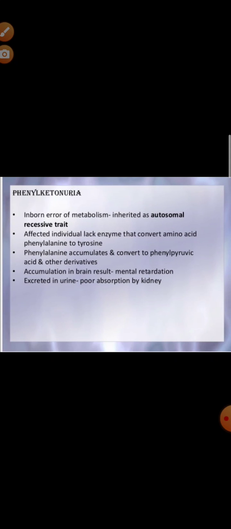Phenylalanine hydroxylase enzyme, which converts the amino acid phenylalanine to tyrosine in the liver. Phenylalanine basically is accumulated and gets converted into phenylpyruvic acid and other derivatives and will affect the brain. As a result, mental disorder will take place. Clear? You can see the phenylketonuria.